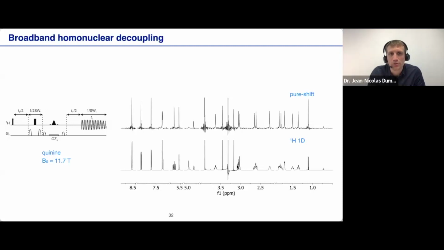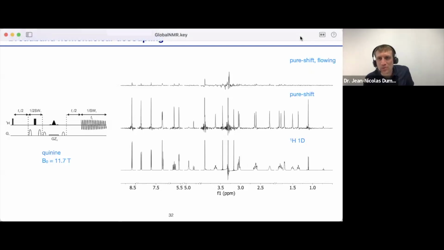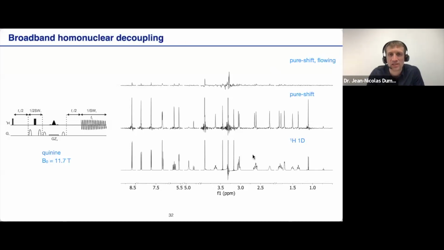This is its usual 1D proton NMR spectrum, and this is the pure shift spectrum obtained on a sample that is not flowing. One can nicely see the relevance of pure shift NMR, because there are several cases here where multiplets are overlapped. They would be difficult to analyze, possibly to decide how many signals there are, and in the pure shift spectrum, it becomes really clear. But again, if one turns on the pump and takes no particular precaution, then the result is terrible, and the signal is gone.